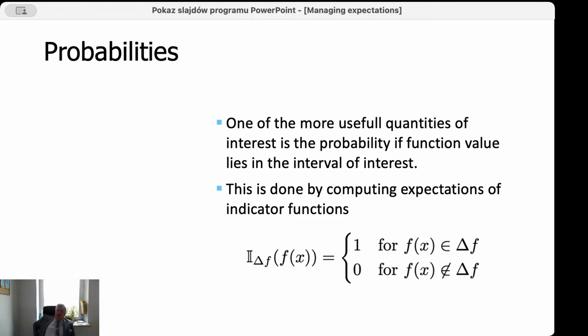And this is being done by computing an expectation of the so-called indicator function. An indicator function is one of the simplest functions. For a given interval or set, the function has a value of 1 if the given point is in that set, and 0 outside of that set.